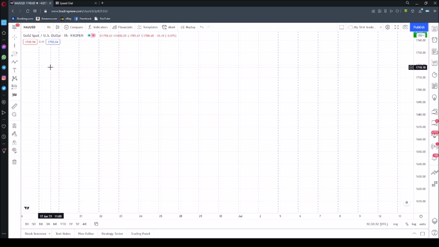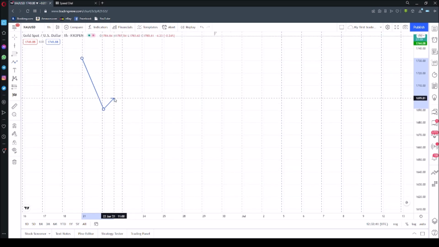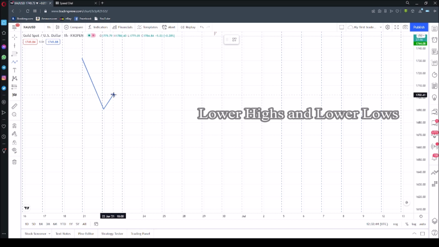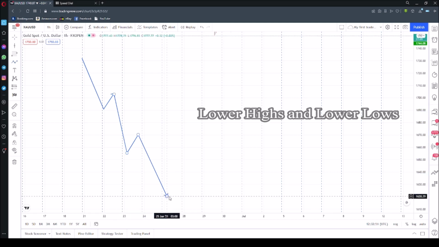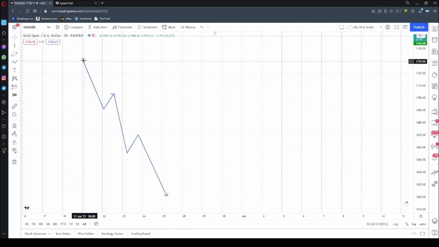In basic forex terms, we would say that a downward trend looks like this, whereby we have lower highs and lower lows. So in this case, we had a flow of the market: a lower high, a lower low, a lower high, and a lower low.